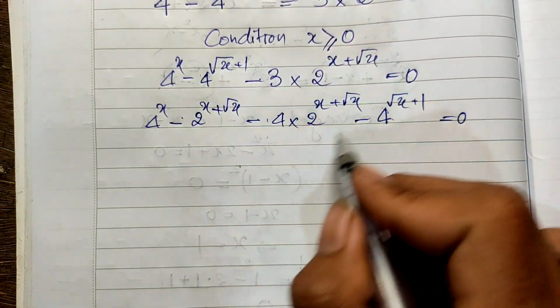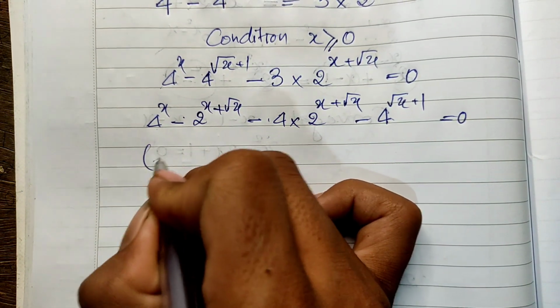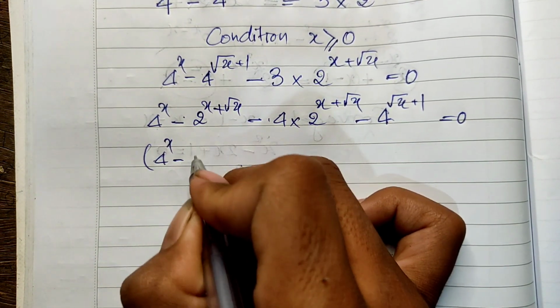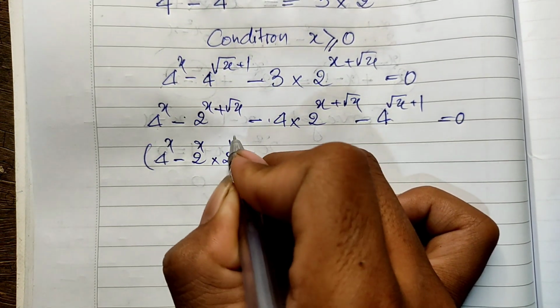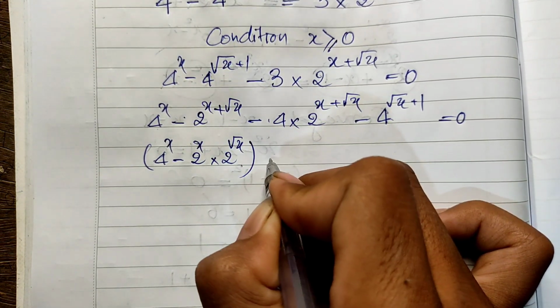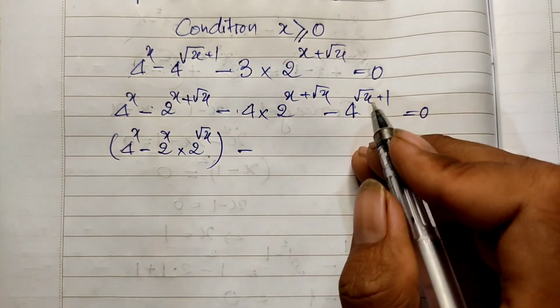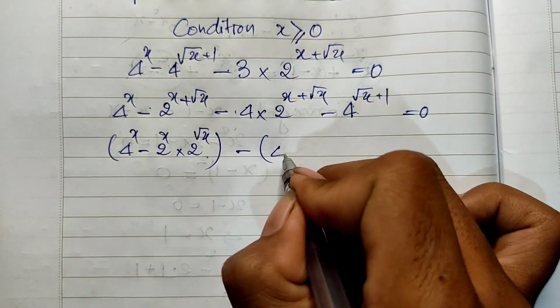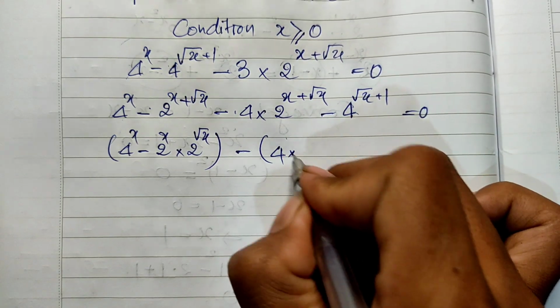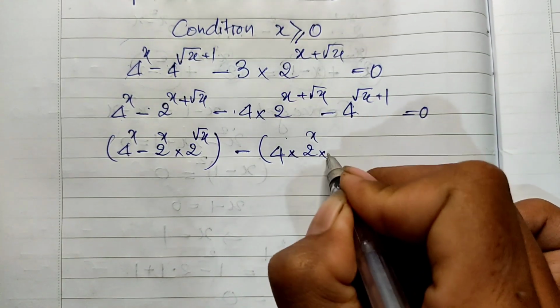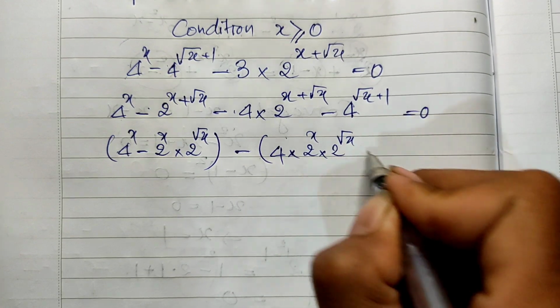Okay, now as I group this equation, I get 4 power x minus this, I can write as 2 power x times 2 power square root of x. And minus this, I get 4 times 2 power x times 2 power square root of x.